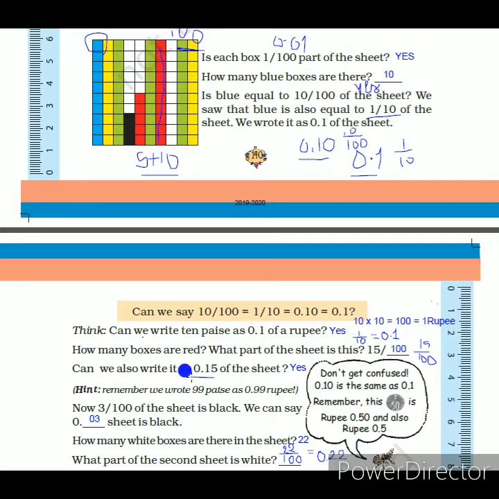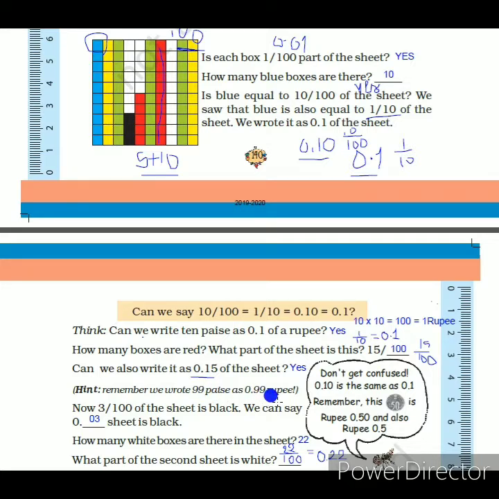So when writing in decimal form, the red colored sheet is written as 0.15. Yes, you can write that. Now the next is a hint. Remember, we wrote 99 paise as 0.99.